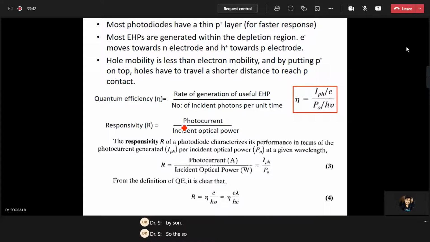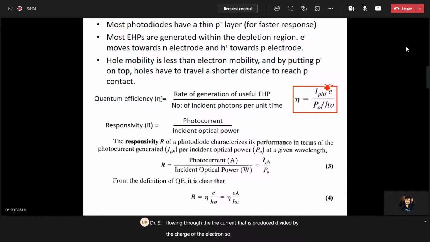If you look at the quantum efficiency, the number of electron-hole pairs that are generated is given by the photocurrent, the current that is produced, divided by the charge of the electron.